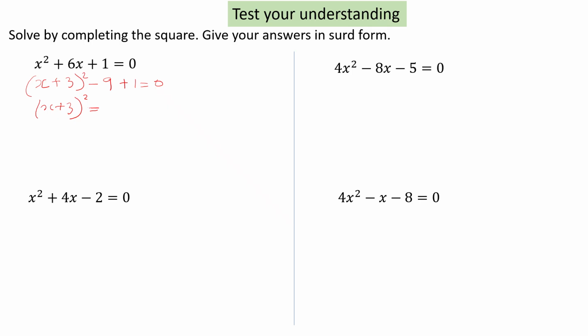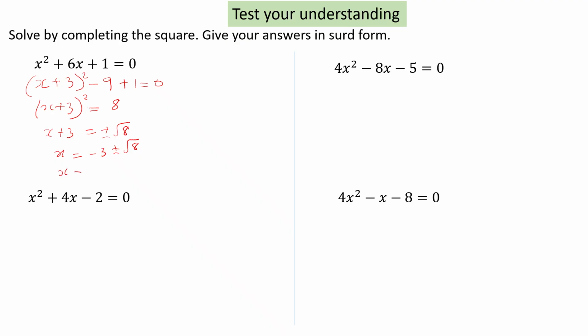So I'm going to move it to the other side, so it is 8. So x plus 3, take square root of both sides, plus or minus root 8. So x equals minus 3 plus or minus root 8.